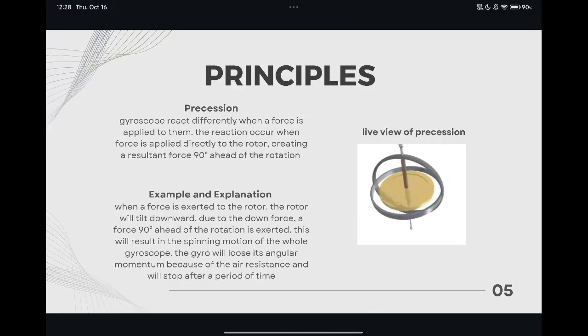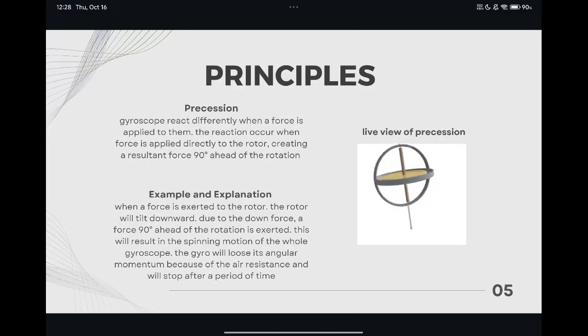Graphics on the left will help us understand more about the precession principle. Originally, the rotor spins stably on the horizontal axis, but when a force is exerted directly to the rotor it will tilt downward.